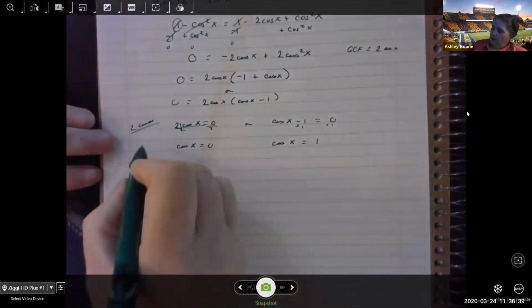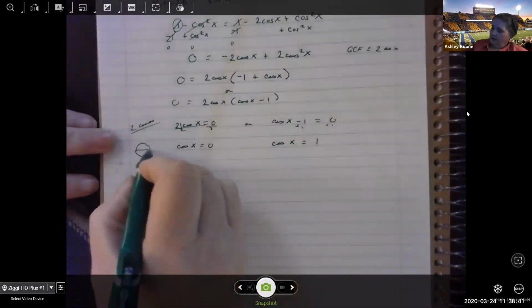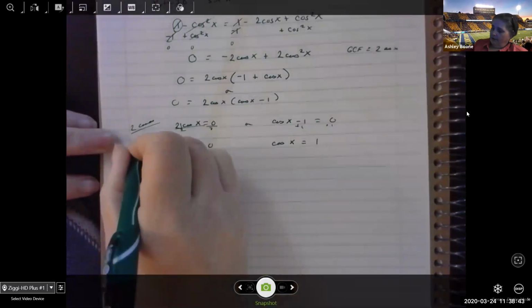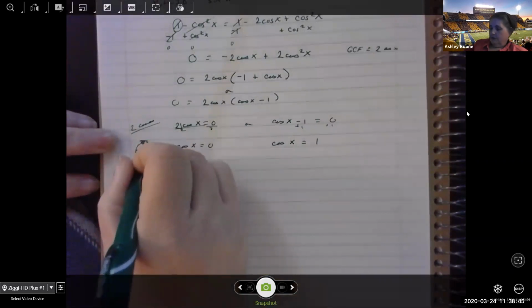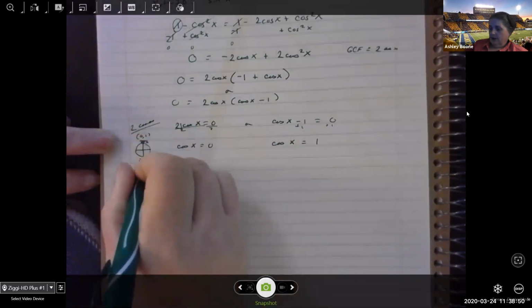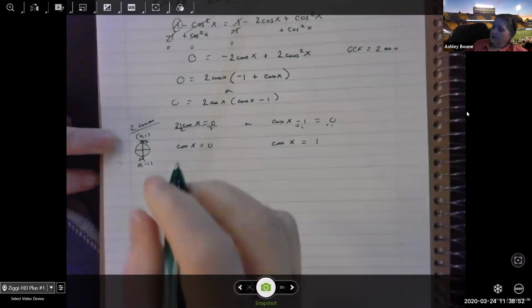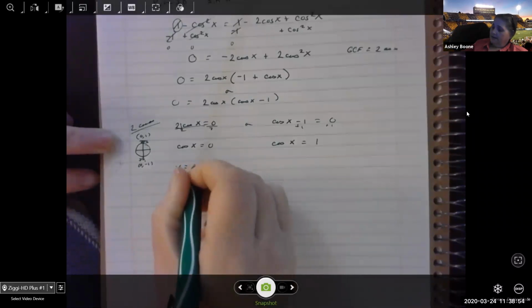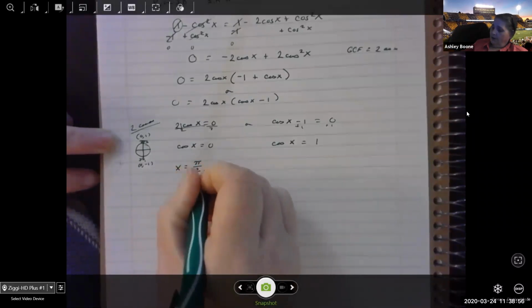Well, where's cosine of x 0? Cosine of x is 0 at pi over 2 and 3 pi over 2, because that's the ordered pair 0, 1 and 0, negative 1, and cosine is your x coordinate. So this will happen when x is pi over 2 or 3 pi over 2.